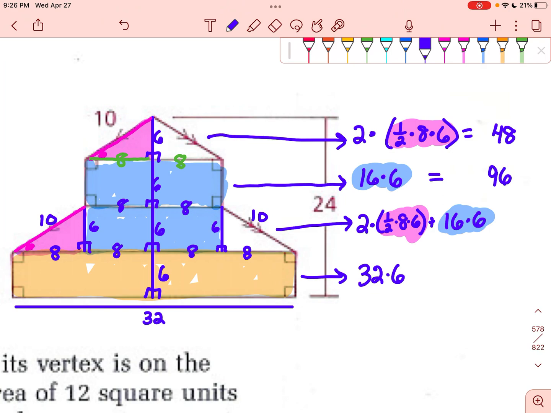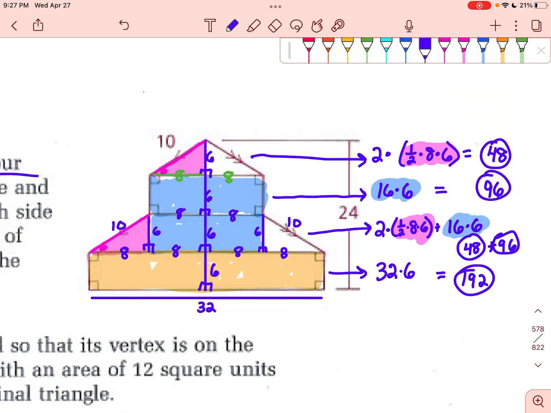And then again, we have a 48 and a 96 here as well. So a 48 and a 96. And 32 times 6 is 180 and 12, 192. So you're just going to go ahead and add all of these numbers up to get your final area.